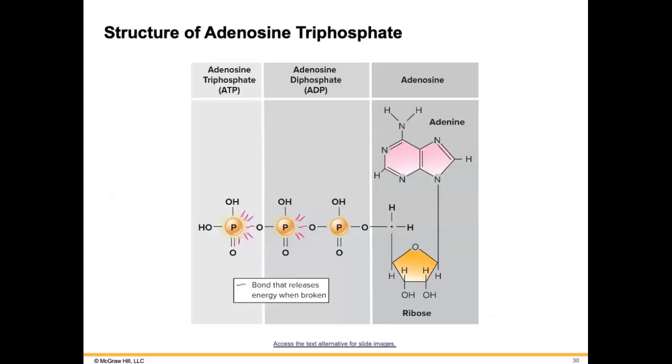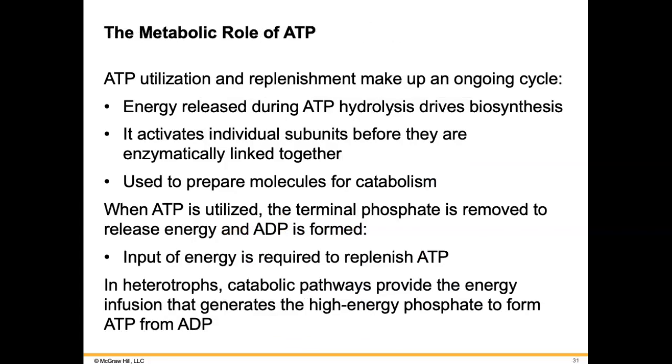There's a picture of it. Again, you're not going to have to draw this, but I like to keep this picture in here because you can see the adenine, you can see the ribose, and then you can see these 3 phosphates. And you can see where this phosphate is connected and this phosphate is connected. There's the possibility of energy when they're broken, or the release of energy when they're broken.